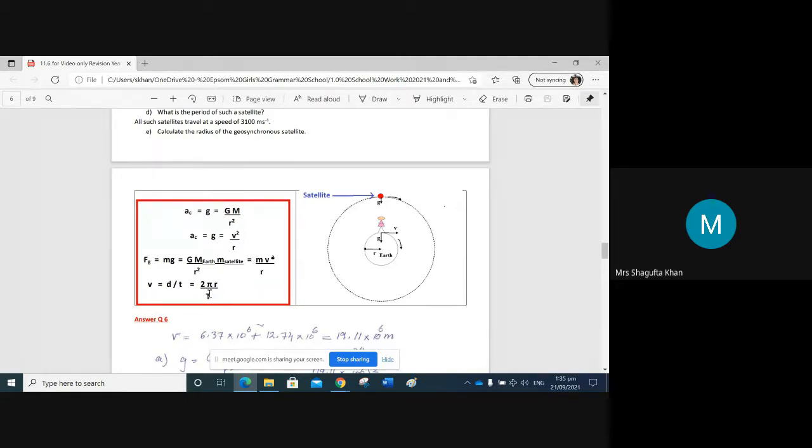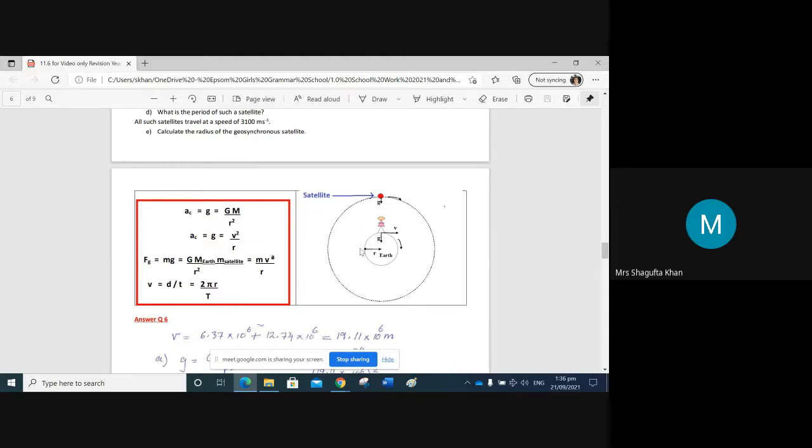Now, another thing is the period. Period of the motion comes from the formula v equals d over t, so the period will be 2 pi r over v. Now, a geosynchronous satellite is one that has the same period as the spin of the Earth.